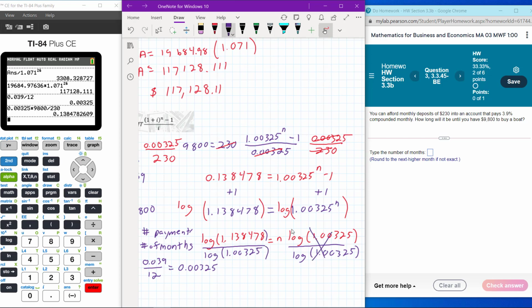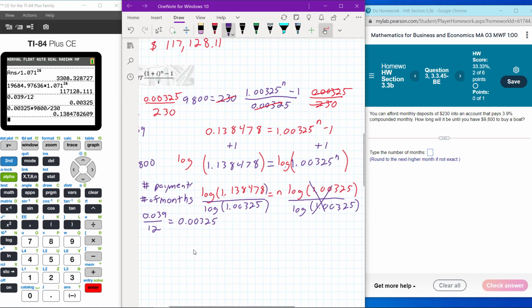These cancel, and we have what I'm looking for, which is that n is equal to the log of 1.138478 divided by the common log of 1.00325. And this we're going to need our calculator to compute for us.